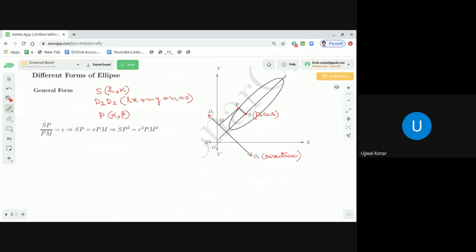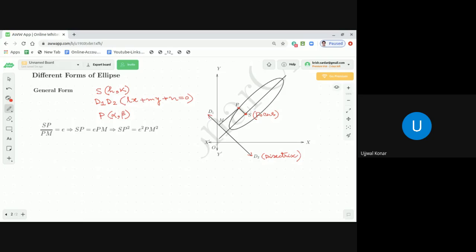Now, it is very easy to find the value of SP and the value of PM. Why is it very easy? Because we know the coordinates of the points P and S, so it is not a big deal to find the distance SP square. And also we know the formula to find the perpendicular distance from a point to a fixed straight line.